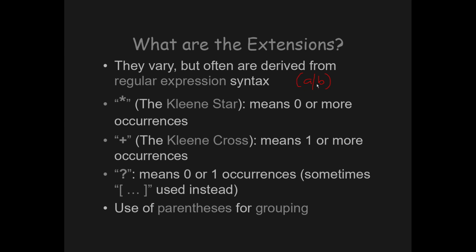This is still A or B, right? So from this expression, you're going to get either an A or a B. Now, if you put a question mark here, this question mark applies to the entire group, and it means A or B or nothing at all, okay? That's the point.